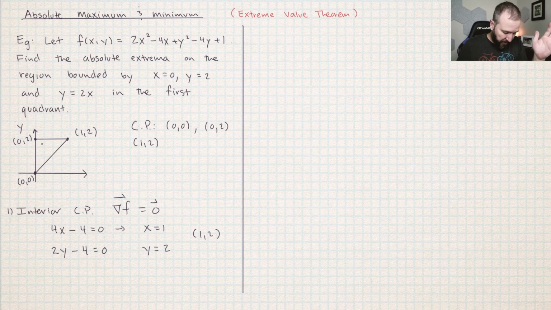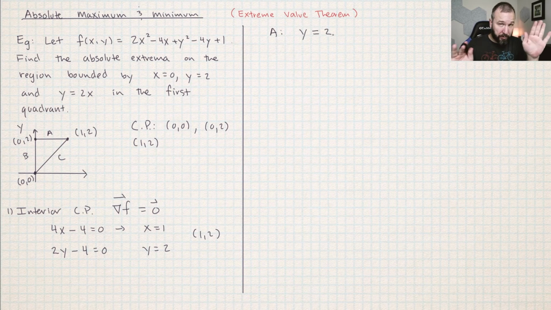Okay, so now that I've checked any critical points that could happen on the interior of the region, I'm going to start checking for any critical points that are on the boundary of the region. So I have 3 boundaries because this region is a triangle, so I'm just going to name them A, B, and C. So boundary A is defined by the equation y is equal to 2.